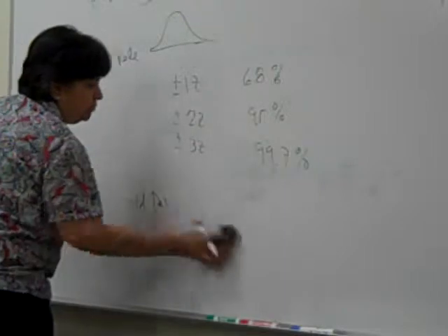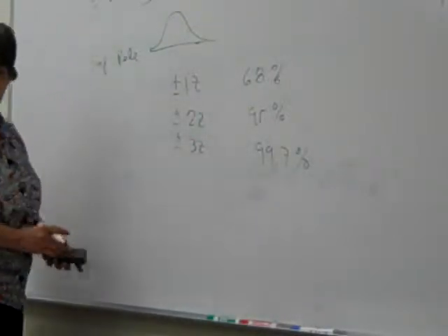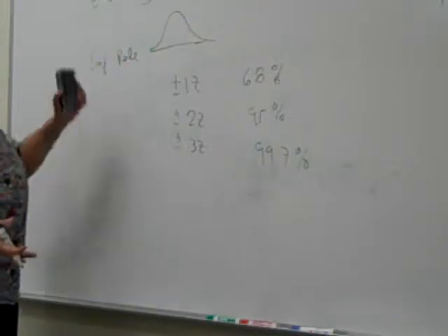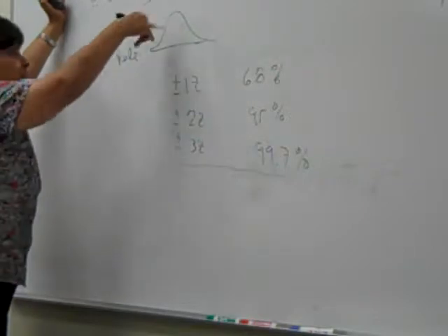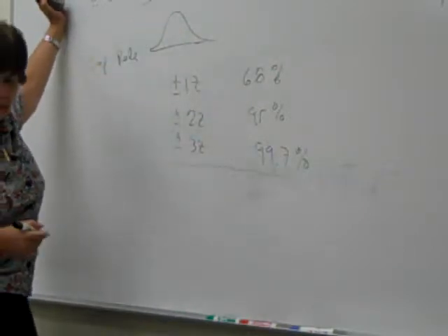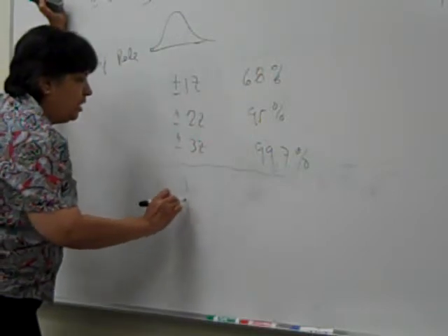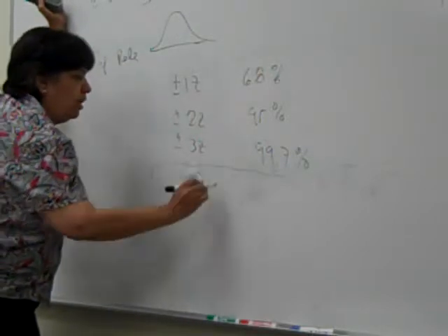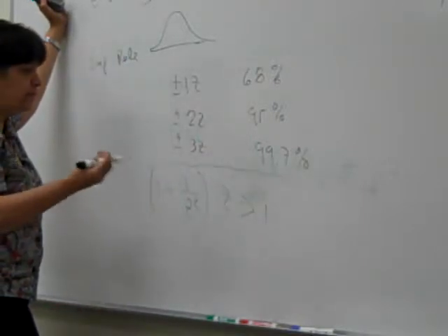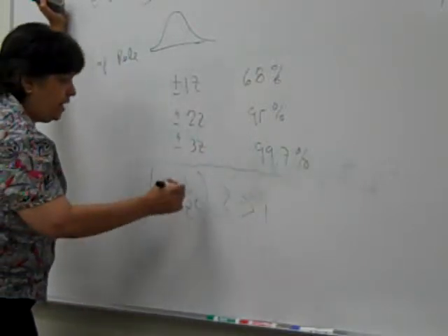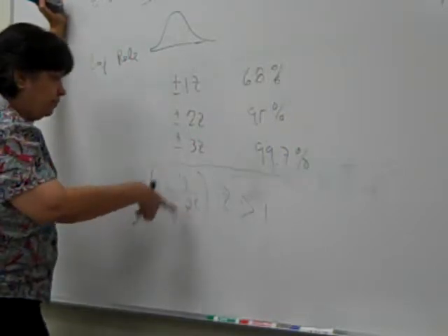We have also Chebyshev's rule. Chebyshev's theorem can be applied to any distribution. It really doesn't matter what the shape of the distribution is. Chebyshev's uses the formula 1 minus 1 divided by z squared, where z is greater than 1. So if z is 2, for example, we have that z squared is 4.